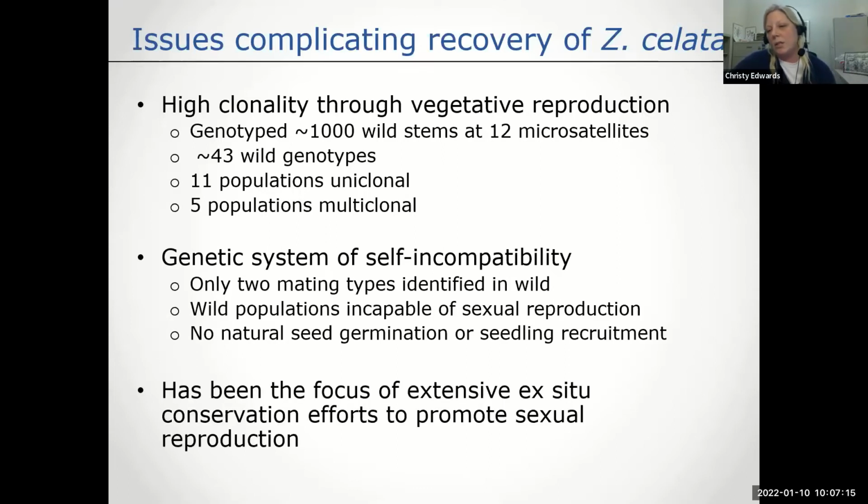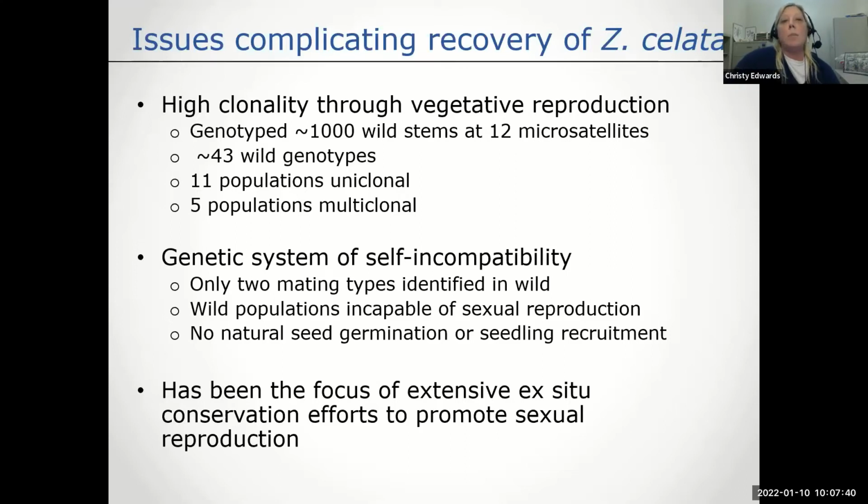So in a situation like this, where something is this rare, where you might have only a dozen or 15 individuals, they're really good candidates for more extensive ex situ conservation efforts. So in this species, there have been efforts to take clones of all of the individuals of the wild genotypes, and they've been put into a botanical garden.